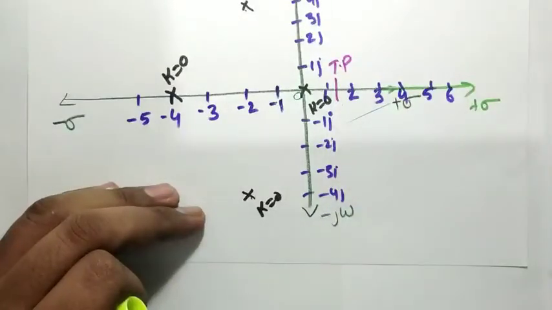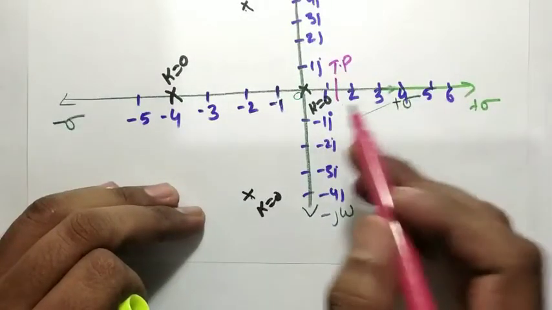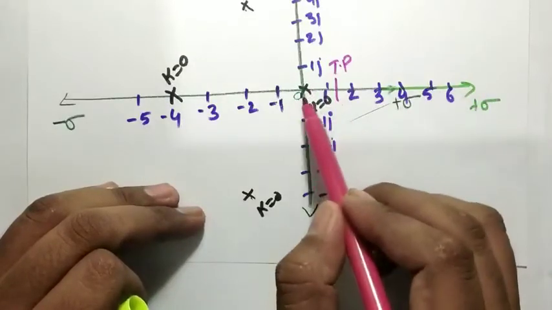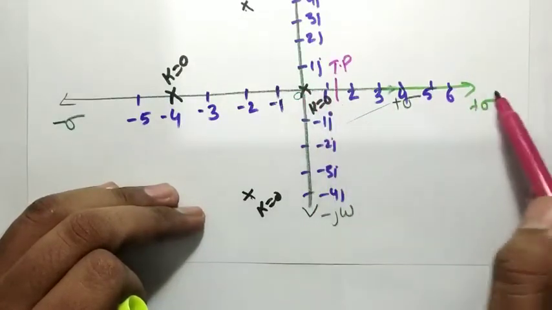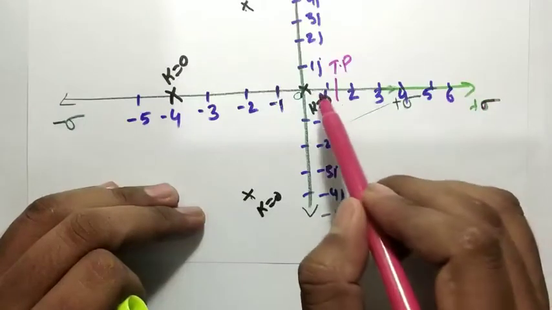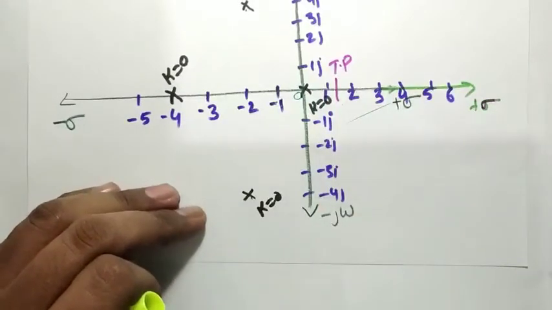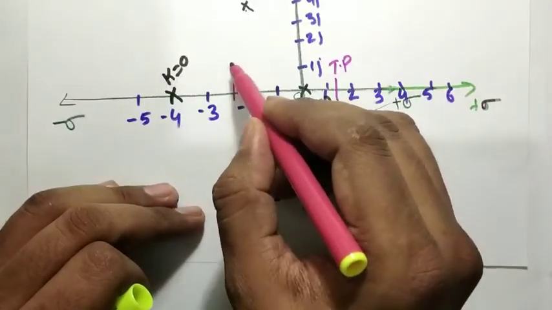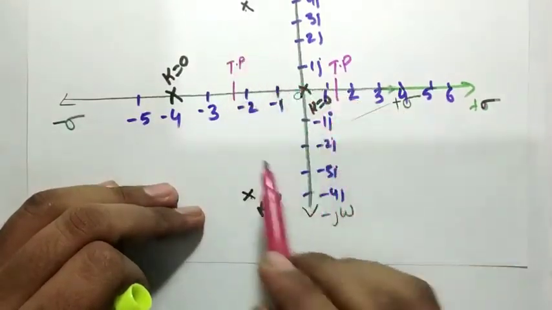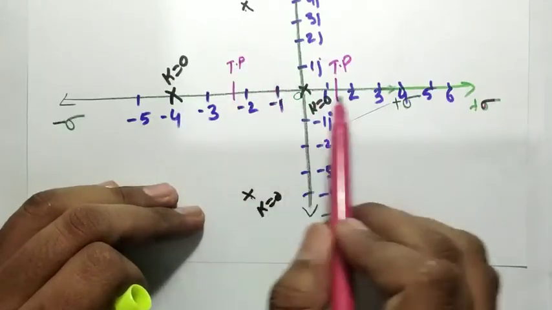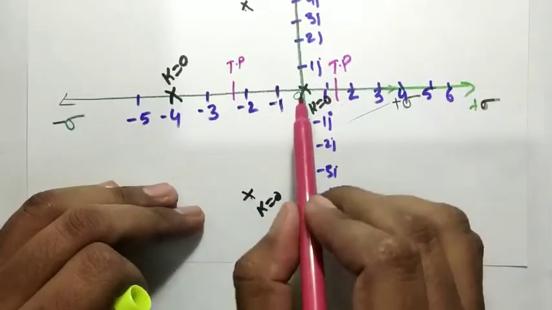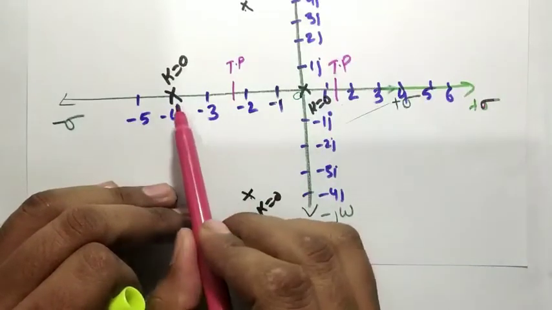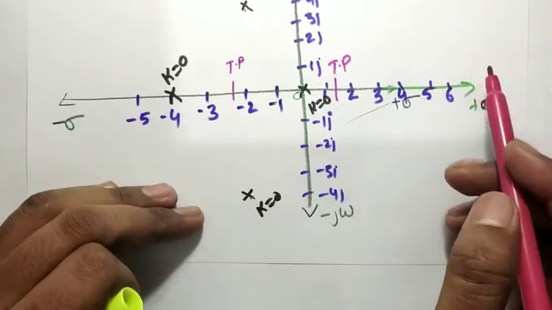It is zero, so this entire portion is not part of the root locus. If you take a test point here, the number of poles and zeros to the right of this test point is 1. 1 is an odd number, so this entire part belongs to the root locus.